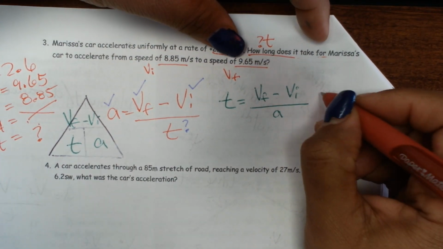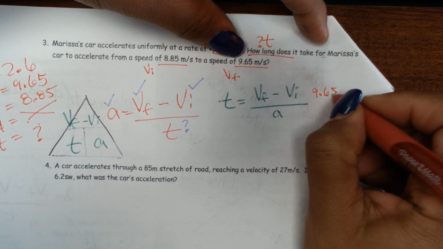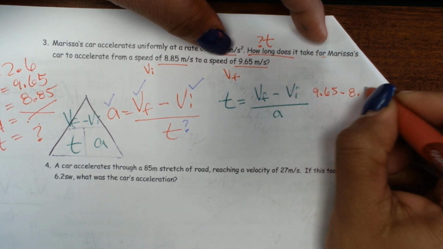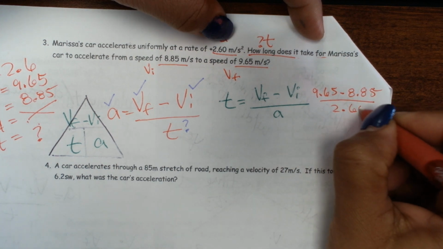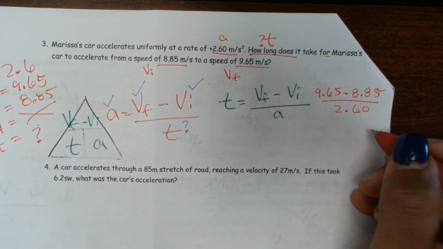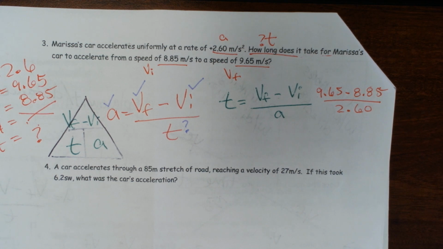VF is 9.65, VI is 8.85, A is 2.60. Okay? So now at this point, go ahead and grab that calculator, and let's see when you do the math.